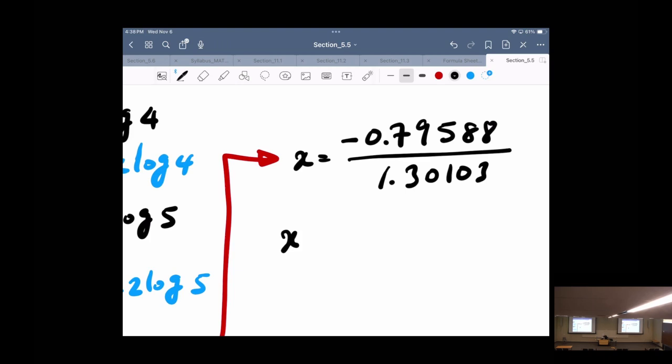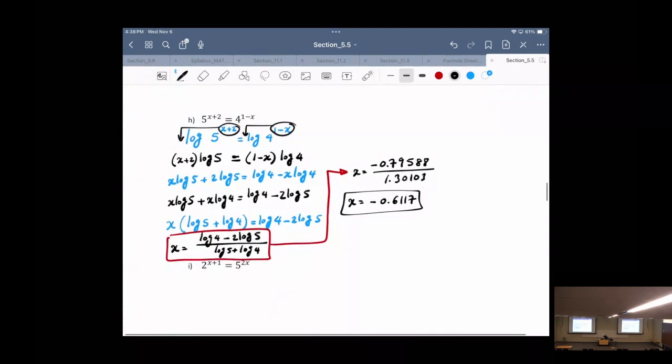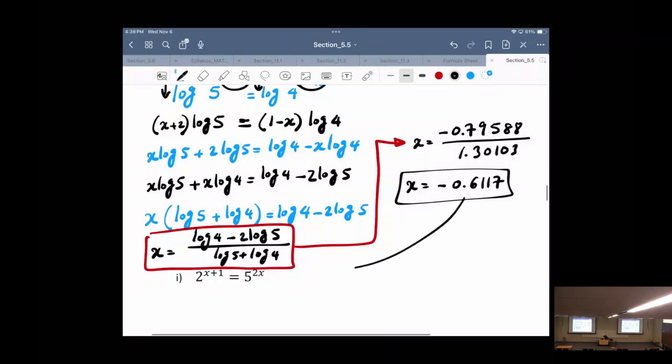And then, of course, after you divide that, you get minus 0.6117. So these two answers are different forms of the same x value. One is in exact form, the other one is in decimal form.